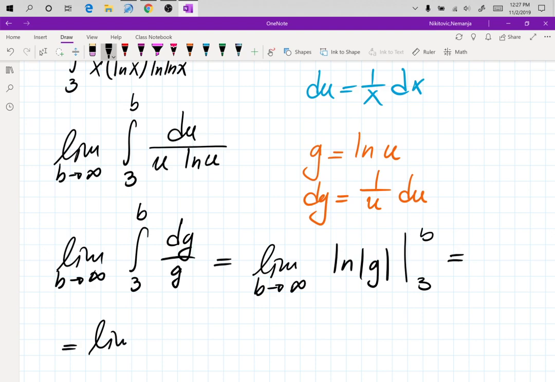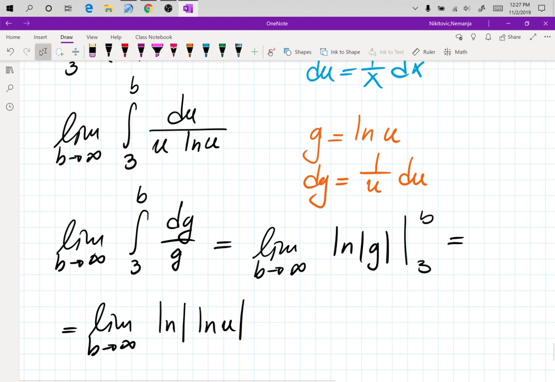So limit as b goes to infinity of ln of, and what's g? ln u, good. And u is, huh? It's just ln x, yes. So triple ln.